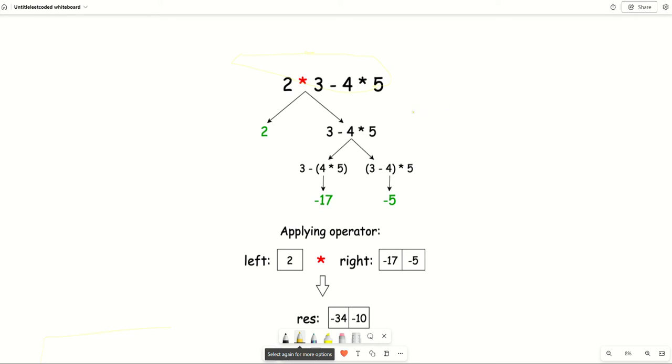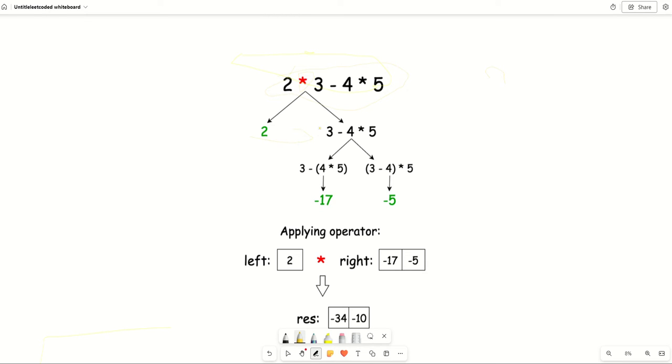We do one thing. We have to iterate over this expression, and when we see any operator, we split our expression into two substrings, the left substring and the right substring.